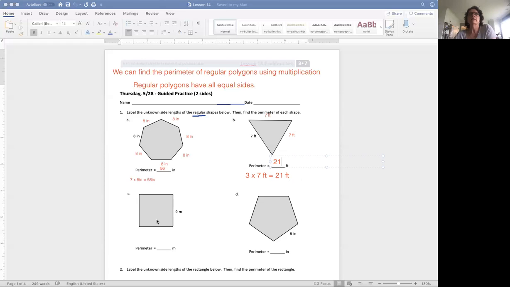C is a regular polygon. You know it best by the name square. So it's a 4-sided figure where all the sides are equal and 4 right angles. So it's a square. Go ahead and label your missing side lengths.